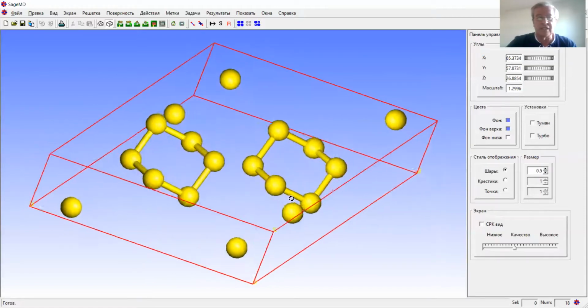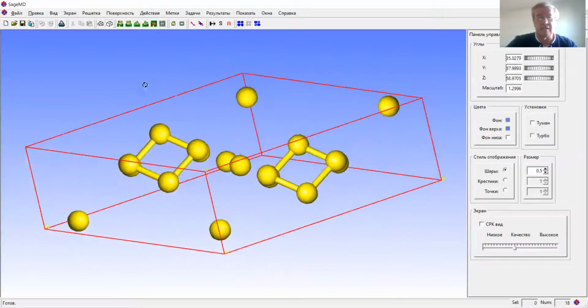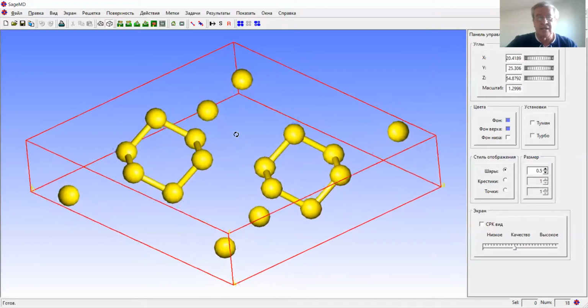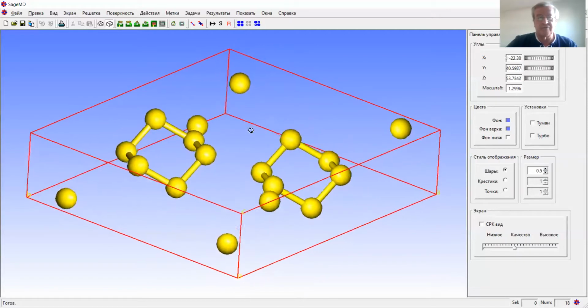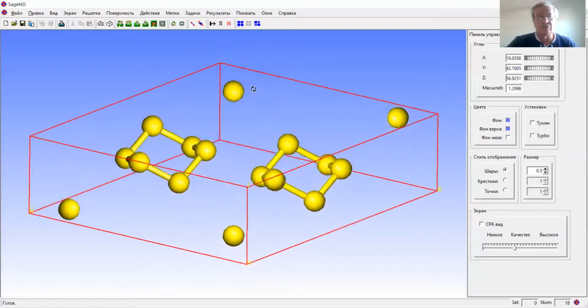If we look inside, even in one unit cell we can see that sulfur makes 6 coordinated molecules, where each atom of sulfur is connected to 2 neighbors.